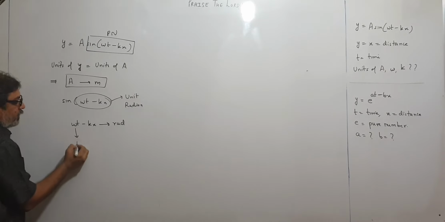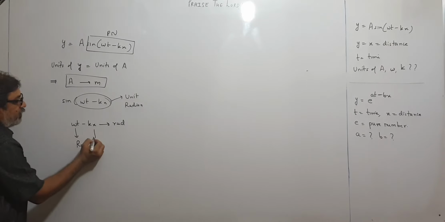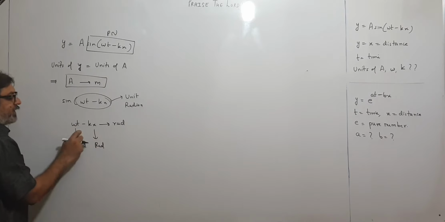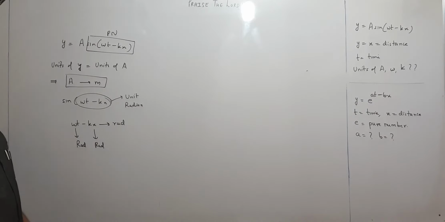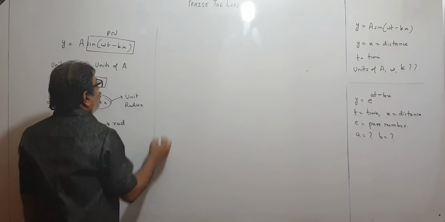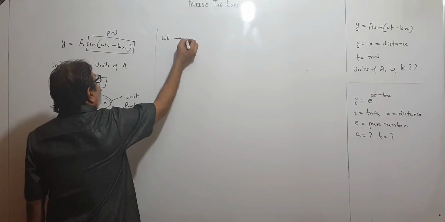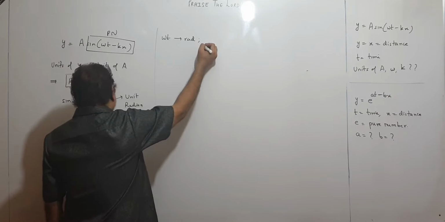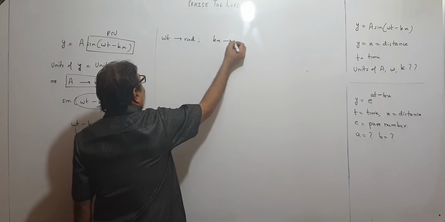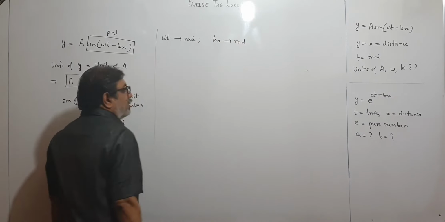So this also should be radian and this also should be radian. Radian minus radian will be radian. Please understand. That means omega t has unit radian and kx also has got unit radian.